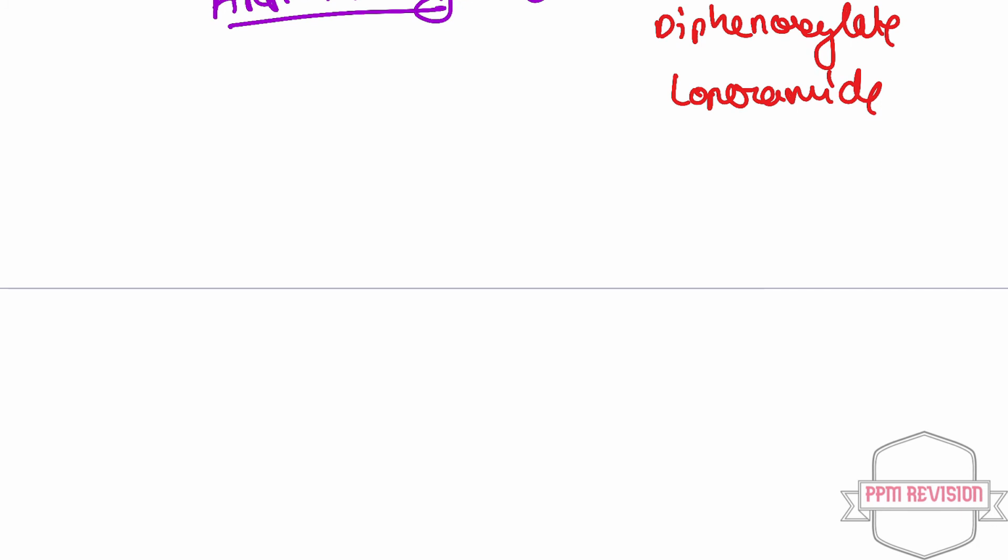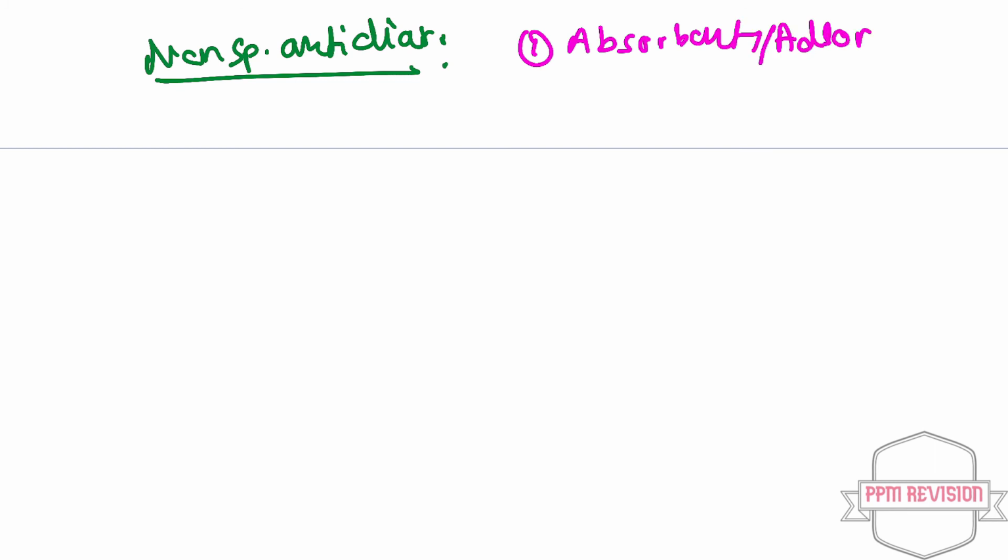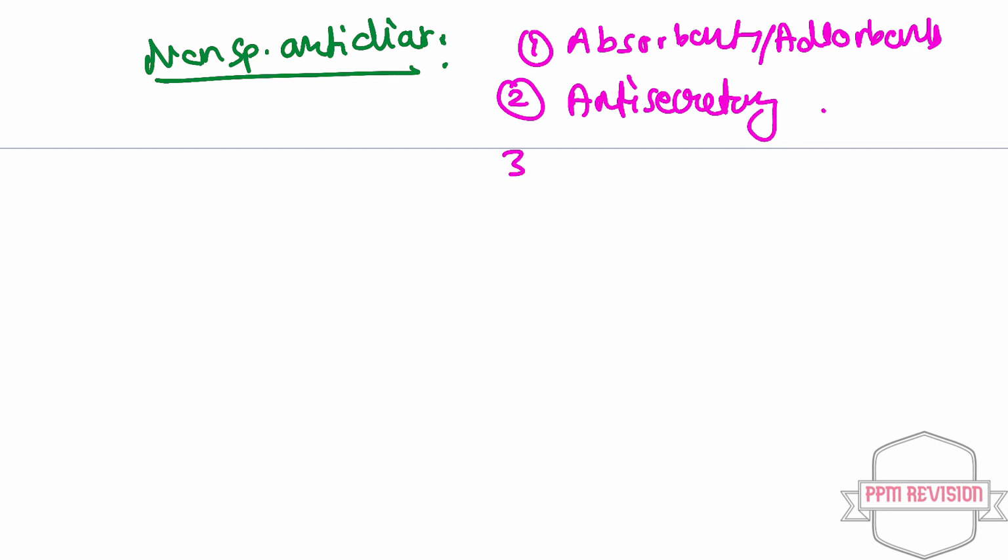So non-specific anti-diarrheal. So under this, we saw the three categories, that is absorbents or adsorbents, and the second being anti-secretory, and the third being anti-motility.